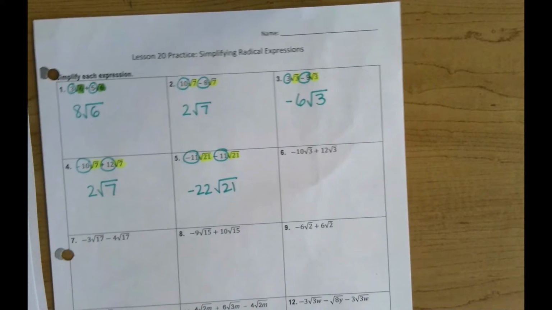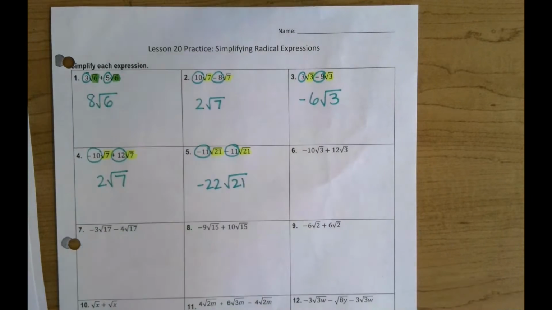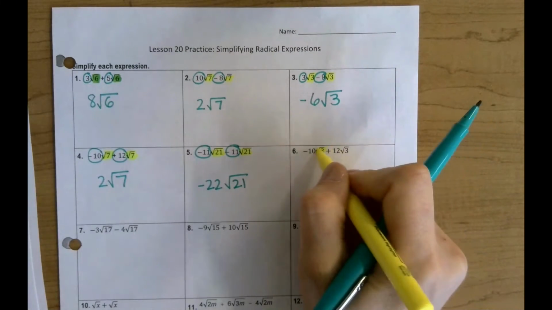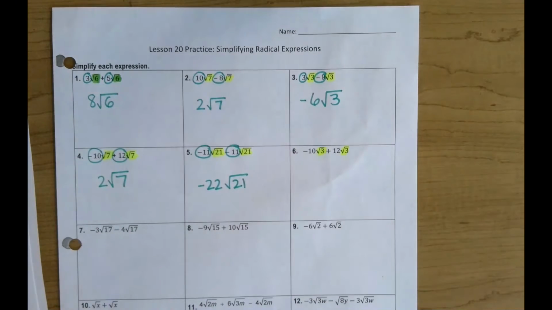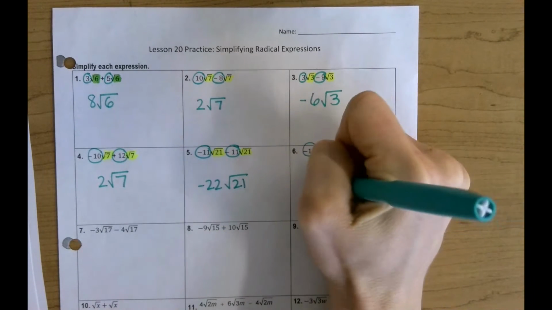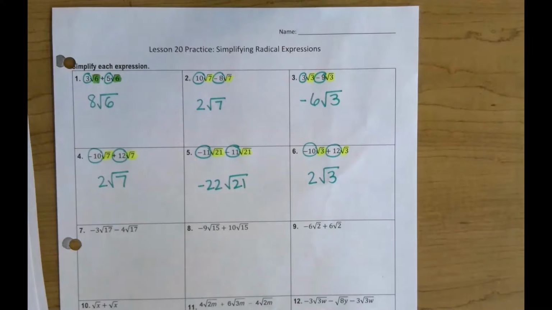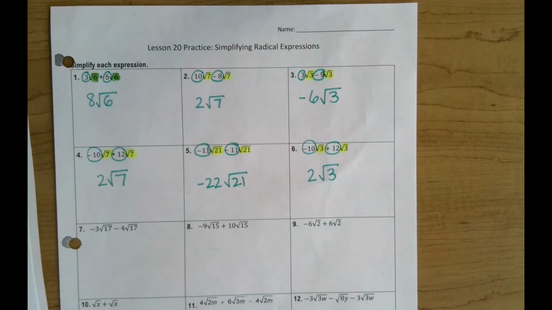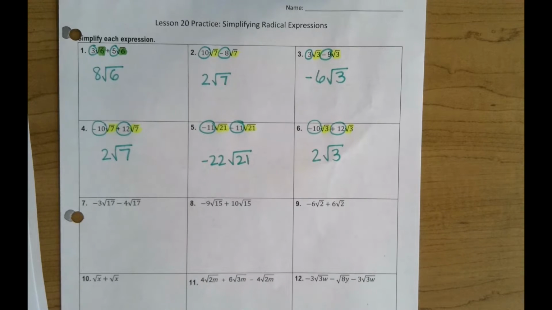And then the last one I'll do, these both have the square root of 3. So negative 10 plus 12 is 2 times the square root of 3. All right, try the rest on your own and use the key to check it. And then go to the back and I'll do some more on the back.